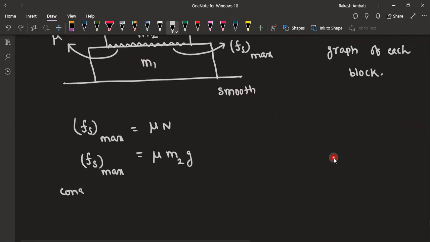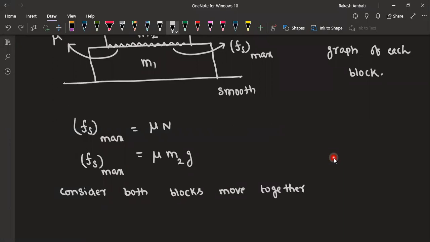Consider both blocks move together with the same common acceleration.